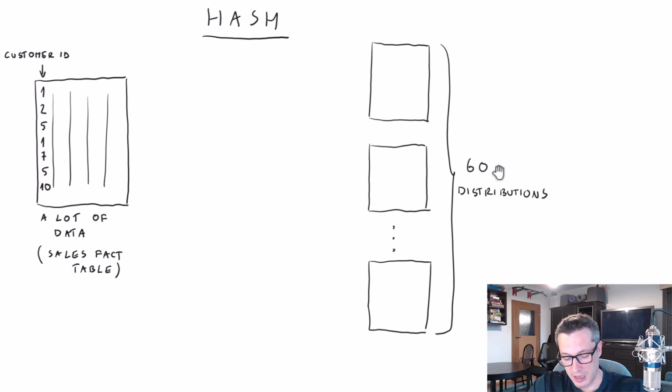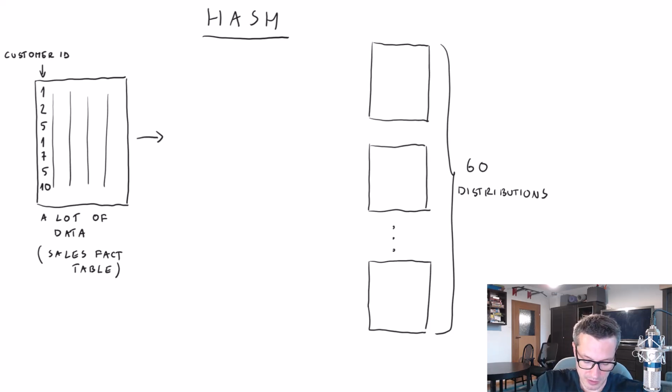All right, and the way hash distribution works is basically like this. We indicate a column or set of columns based on which Azure will calculate a hash value, and based on this hash value it will simply assign a particular row to one of those 60 distributions.